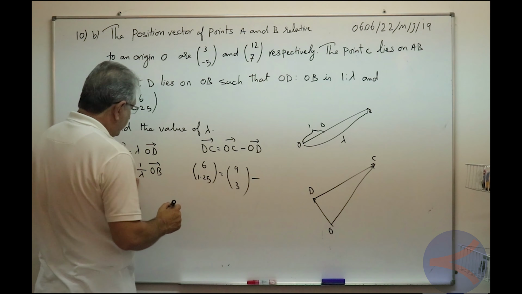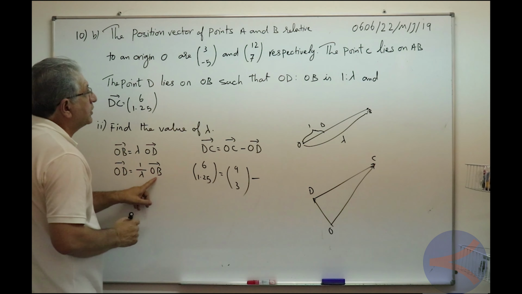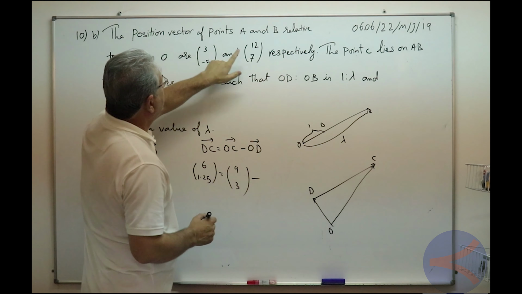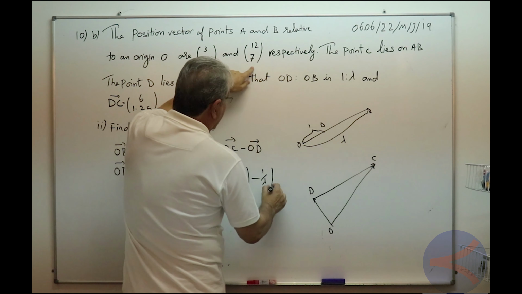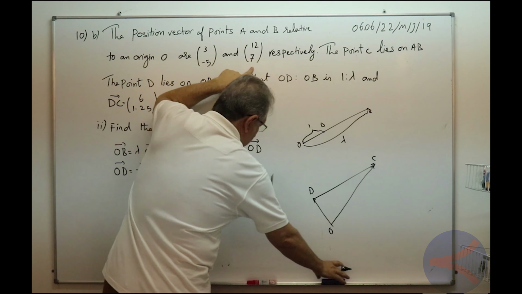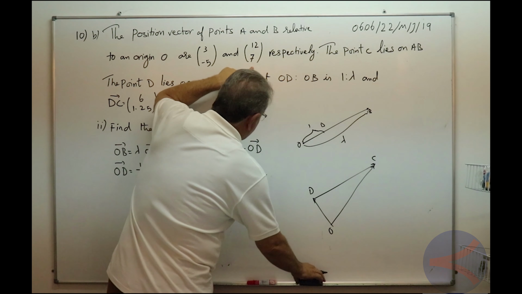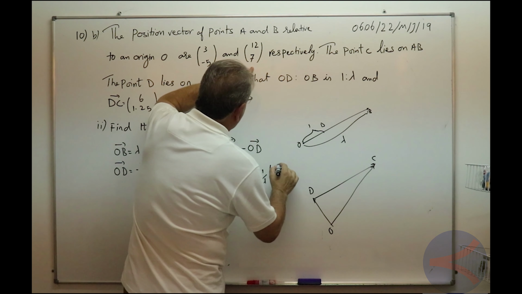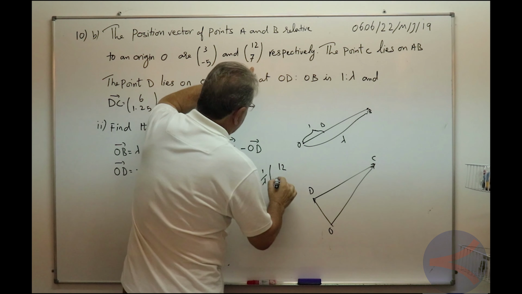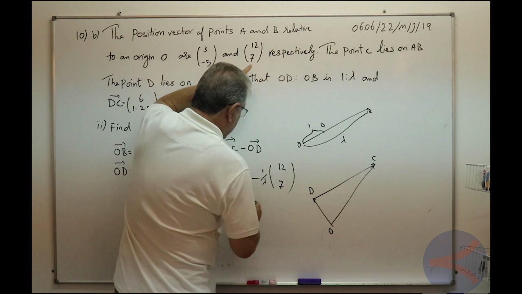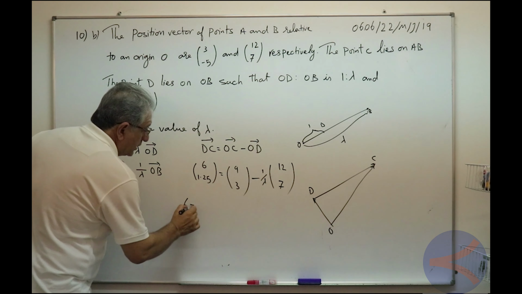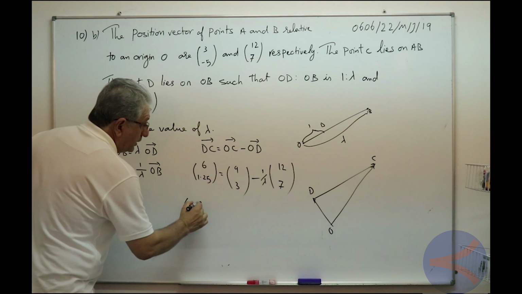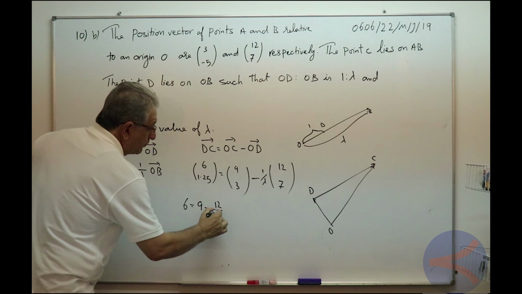OD is 1 over lambda times OB. OB is this. Therefore, 1 over lambda times 12 and 7. Now, you can easily equate. Therefore, 6 here is equal to 9 minus 12 over lambda.